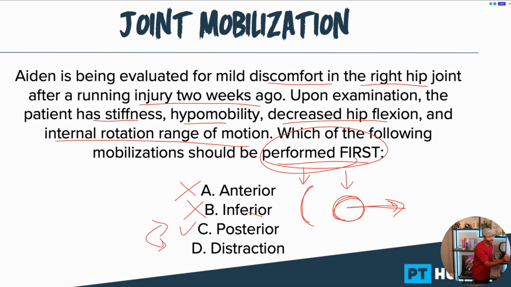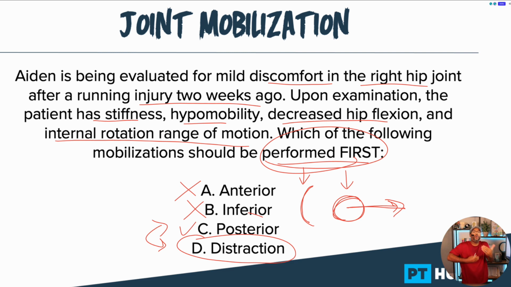And we should always perform a distraction before a specific glide. You might be saying, well, why? Well, distractions are there to often test the joint capsule to make sure that it's not too hyperreactive. It's kind of like testing it before we do a more specific technique. Because if a patient is painful with the distraction, you can bet your bottom dollar that they're going to be painful with a more specific technique like posterior.